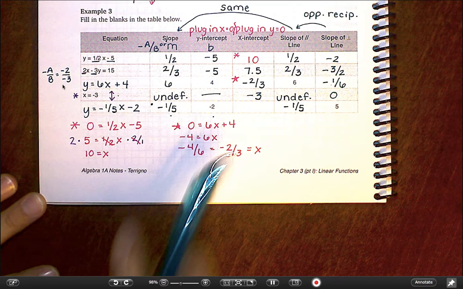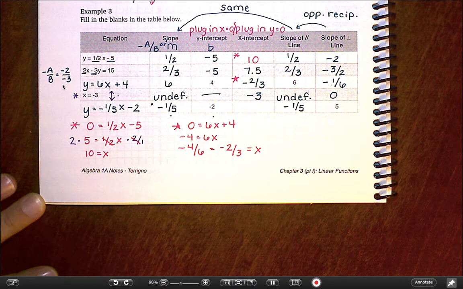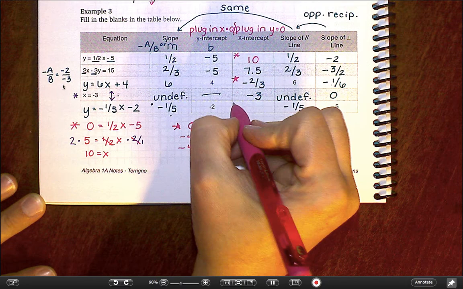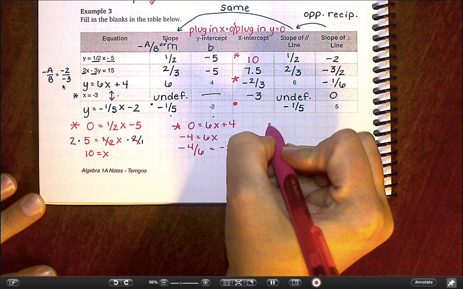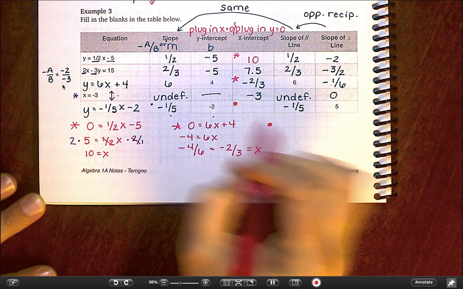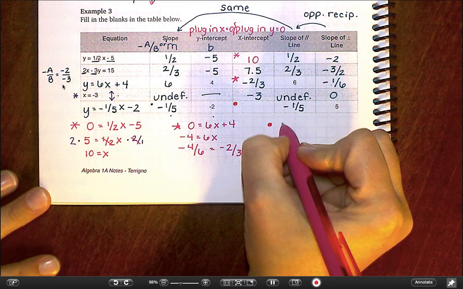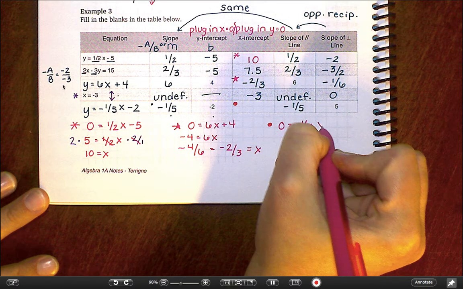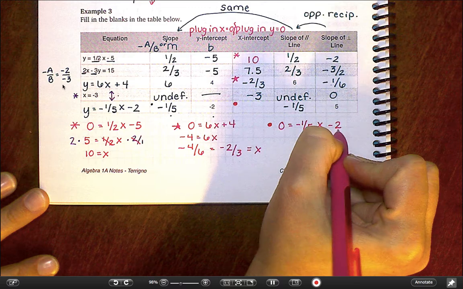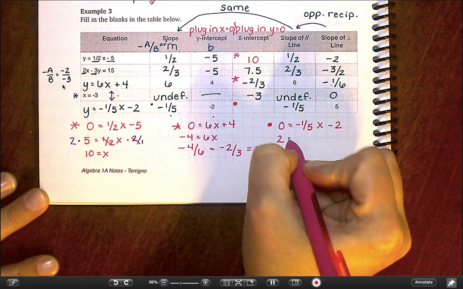Okay, and then all I need now is my x-intercept, which again, we'll just do a big dot. I'm going to do that work right here. And so I'm putting 0 in for y. I'm going to add the 2 to the other side.